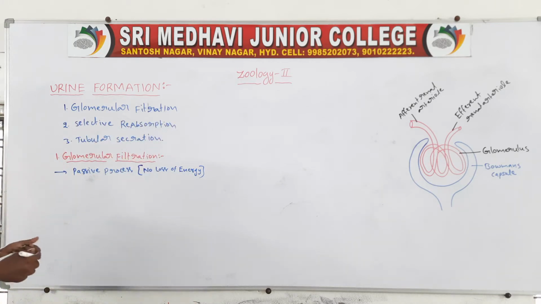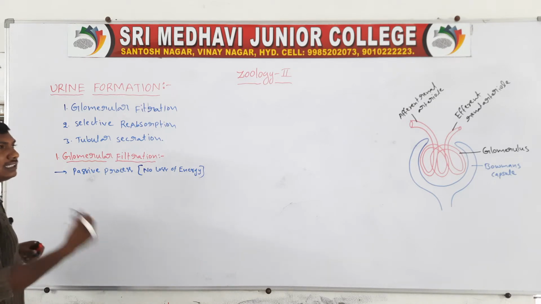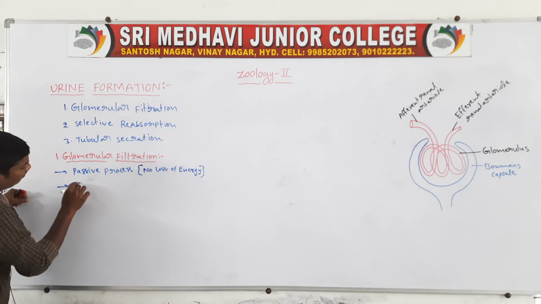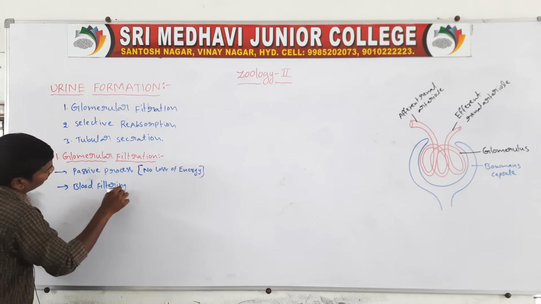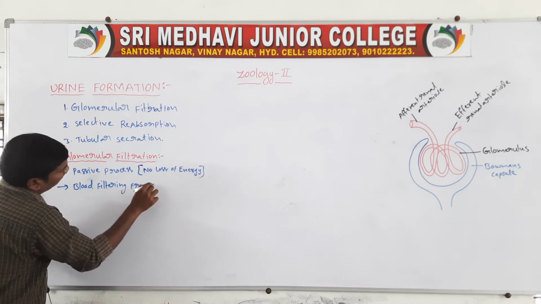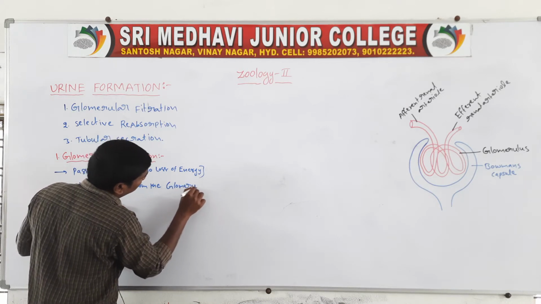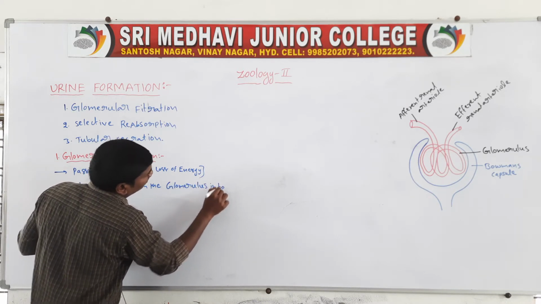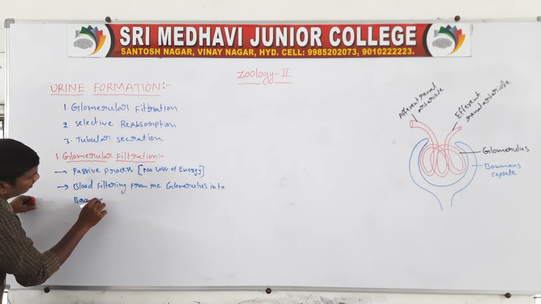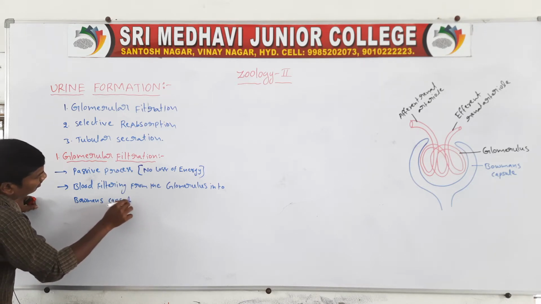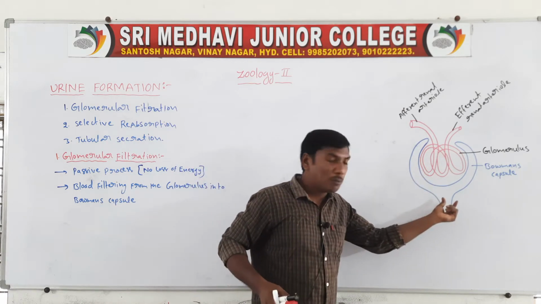Glomerular filtration means blood filtering from the glomerulus into the Bowman's capsule. The blood is filtered from the glomerulus into the Bowman's capsule.